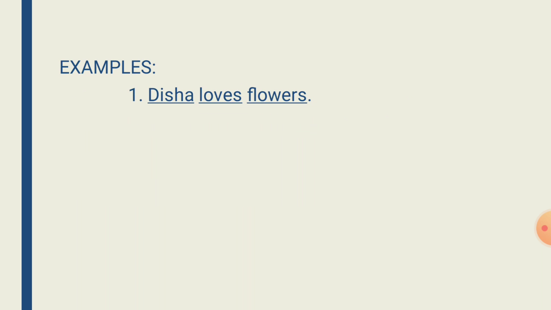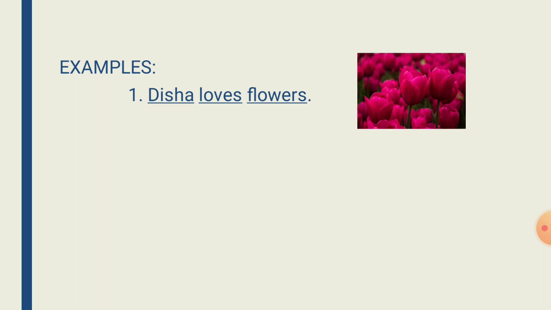First one, Disha loves flowers. In this sentence, Disha is the subject, loves is the verb and flowers is the object. So we can say the action which is done by Disha, that is loving, is passing over from the subject Disha to the object flowers.